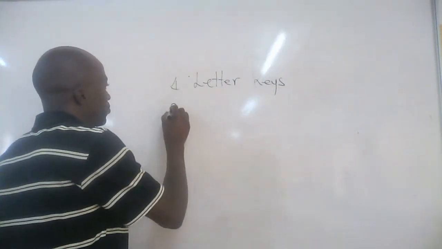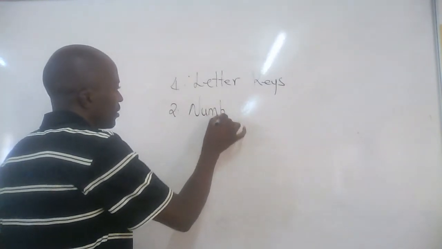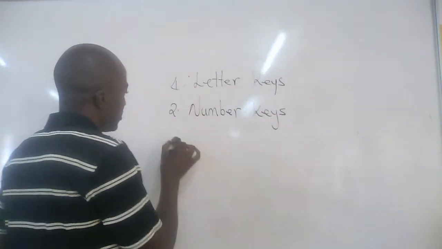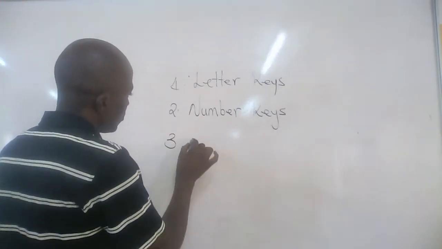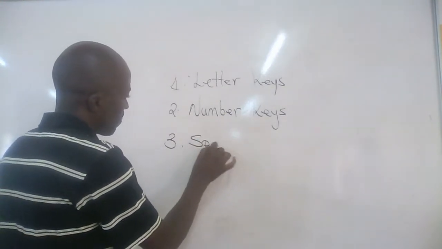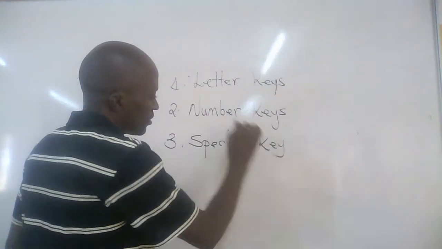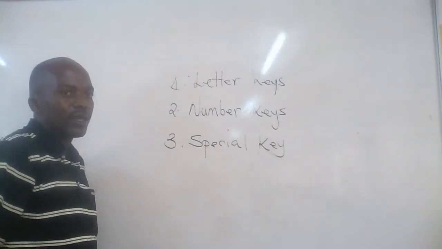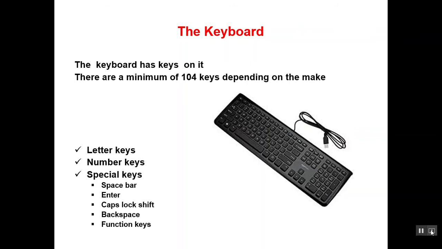Number two, number keys. Number three, what we call special keys. These are some of the groups of keys that we have on the keyboard.